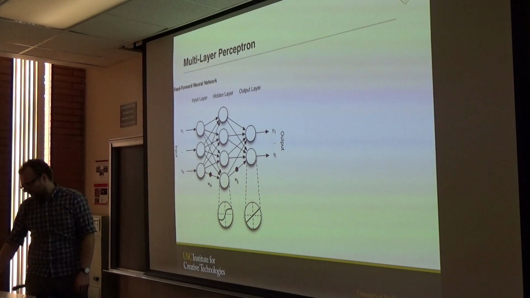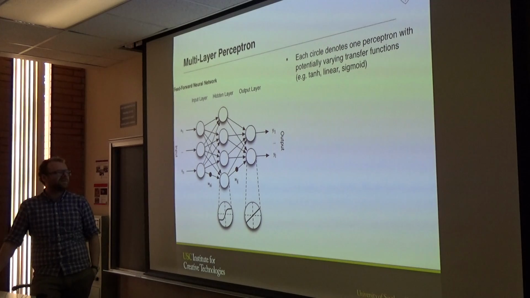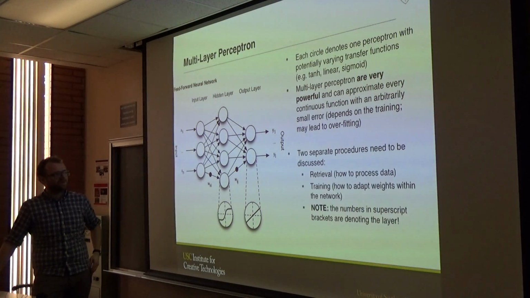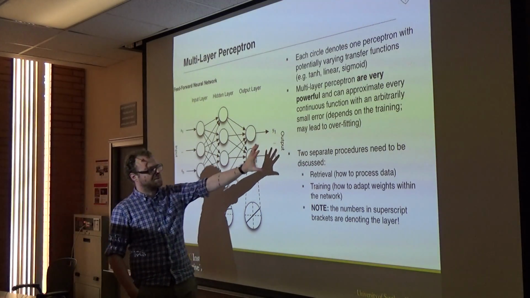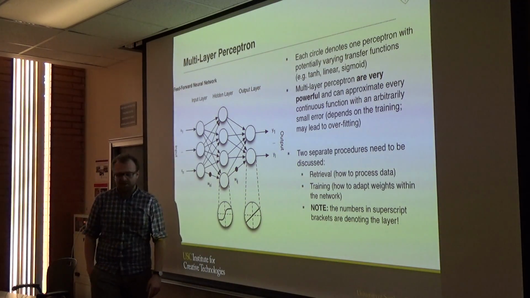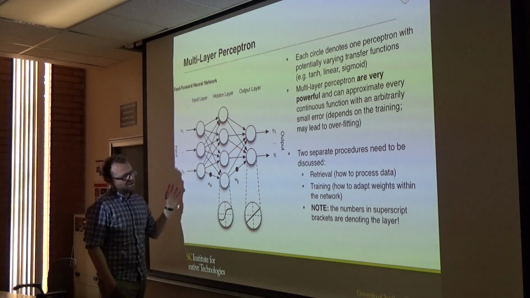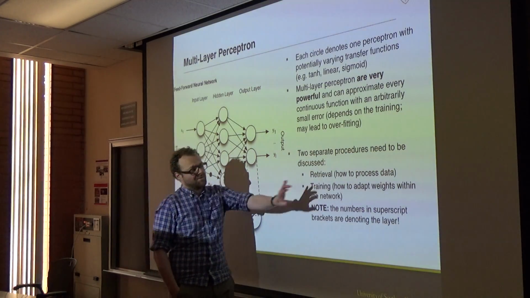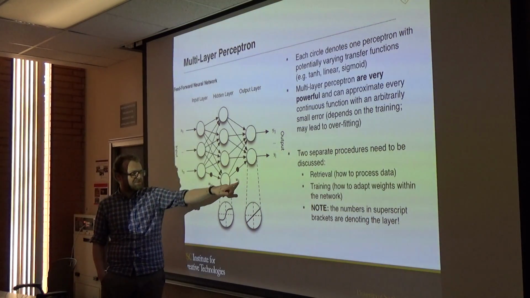All right, so each circle denotes a perceptron with different transfer functions. Multilayer perceptrons are very powerful. They are universal approximators, and for understanding these neural networks, we need to understand two processes. First, the retrieval process, which is the application phase where the neural network produces an output for a given input, and the training phase where we update our weights, and we only update W_KI and W_IJ.